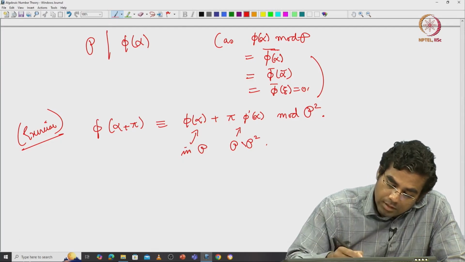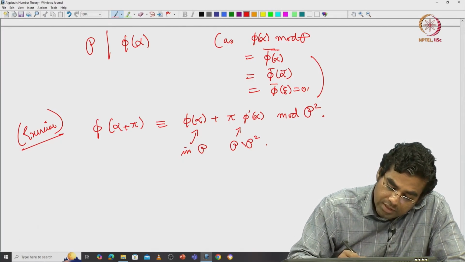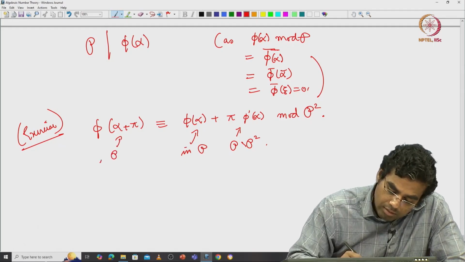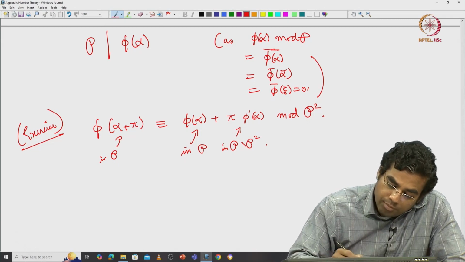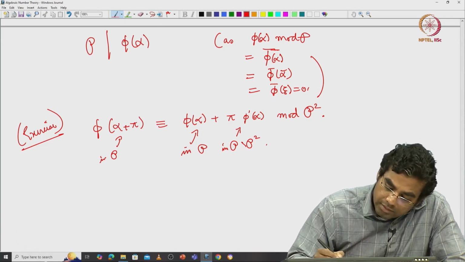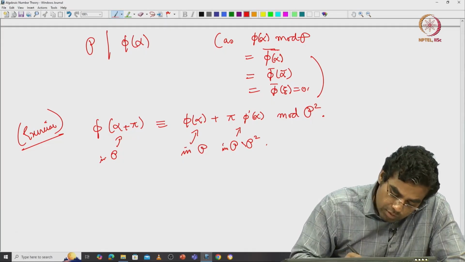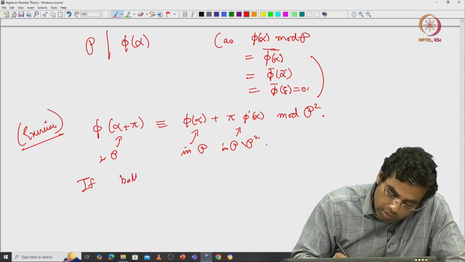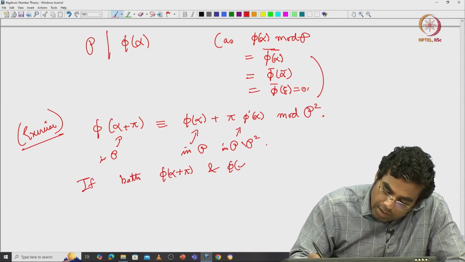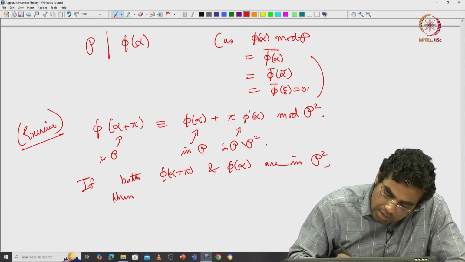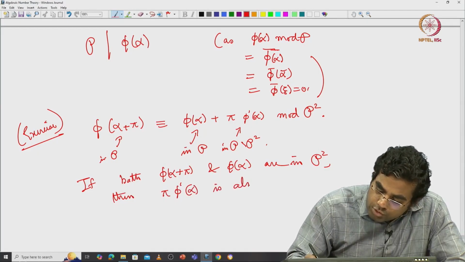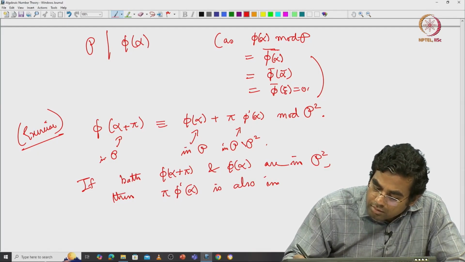Because of this, I know the other is in P. So, if both phi of alpha plus pi and phi of alpha are in P squared, then pi times phi prime of alpha is also in P squared.